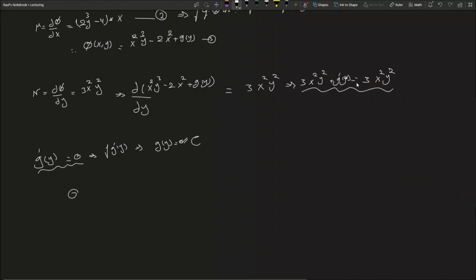Now, finally, the function phi of x and y equals x squared y cubed minus 2x squared plus c. And that's the general solution of our differential equation using the exact method for a non-exact equation.